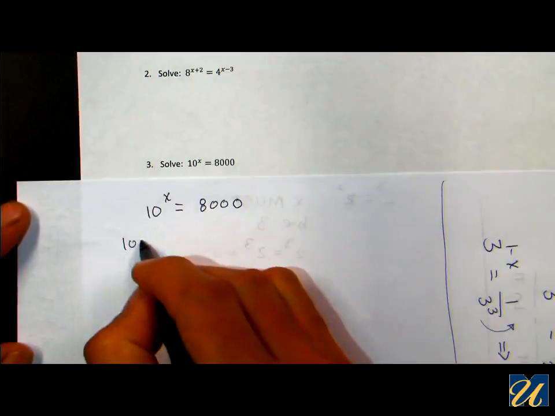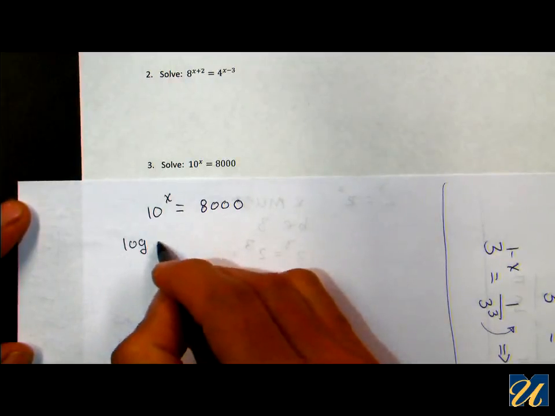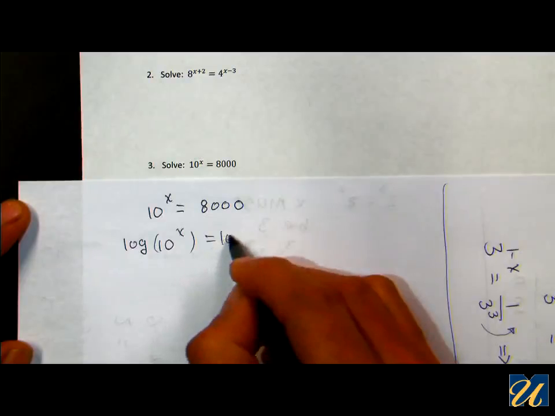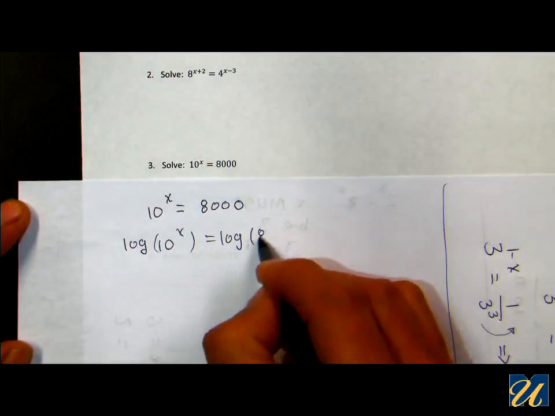Now, again, it doesn't matter whether you use natural log, common log, or any base you wish, but it might make more sense to use the common log since the base of the exponential is 10. If you take the common log of one side, you're forced to take the common log of the other side.